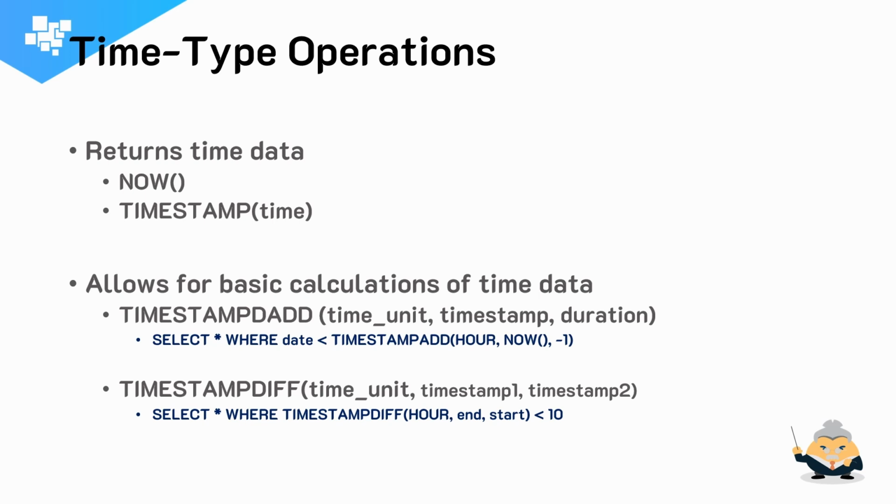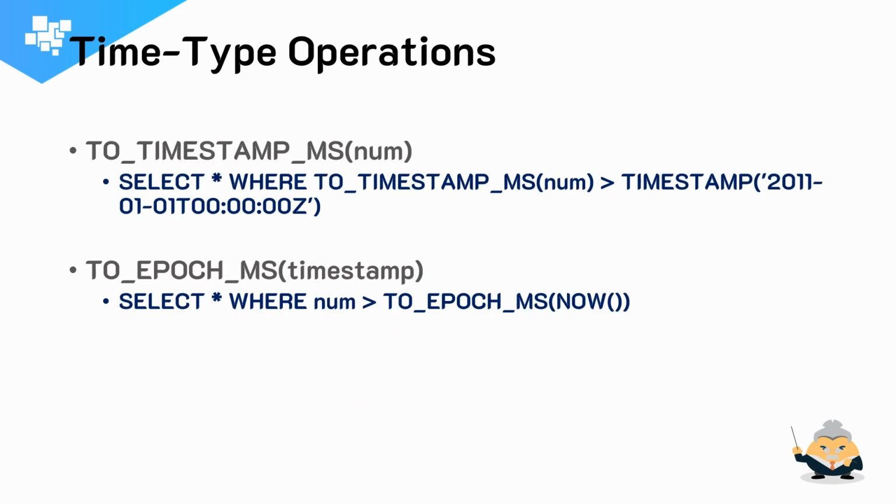All right, and a couple more time type operations that are pretty important to know when you want to be conducting some querying on your data sets are these two here. It's two timestamp ms, and this one takes a number as a parameter, and the other one is two epoch ms, and this one takes an actual timestamp.